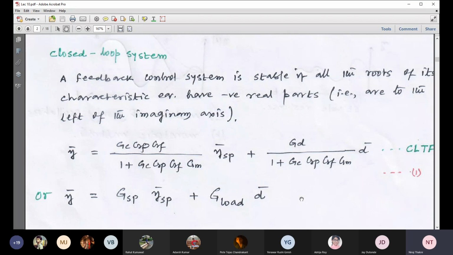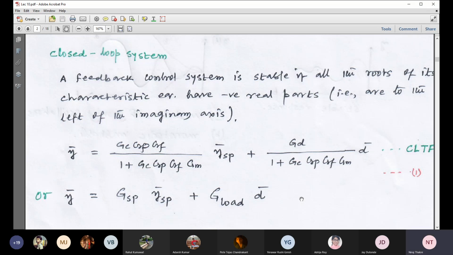So for the open loop system, as I mentioned, transfer function is basically the ratio of two polynomials. If we consider numerator equal to 0, we get zeros. If we consider denominator equal to 0, we get poles. I repeat, for the open loop system, transfer function is a ratio of two polynomials.